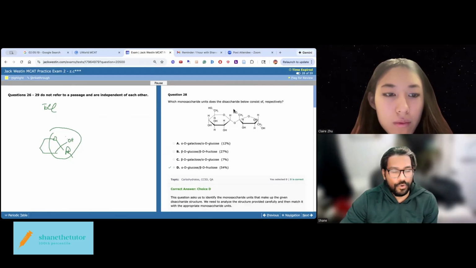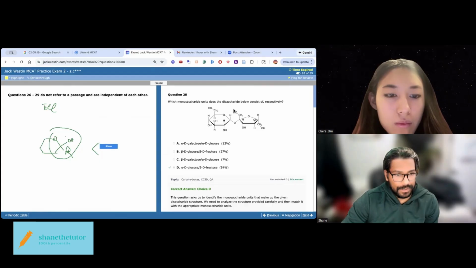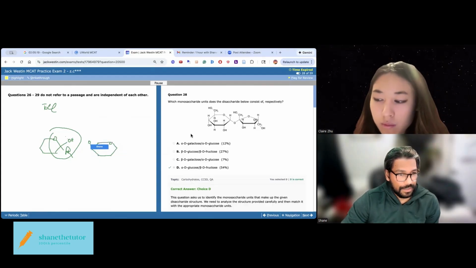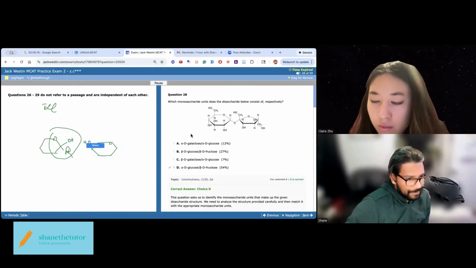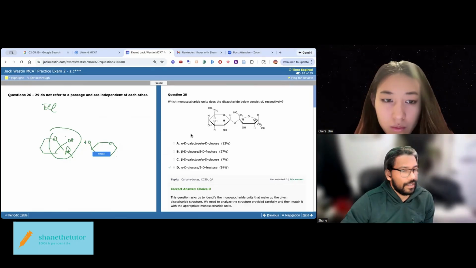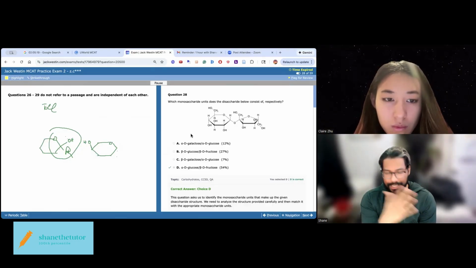Now, when you have another one linked, this is one position, this is one, two, three, four. So like a 1,4 linkage.